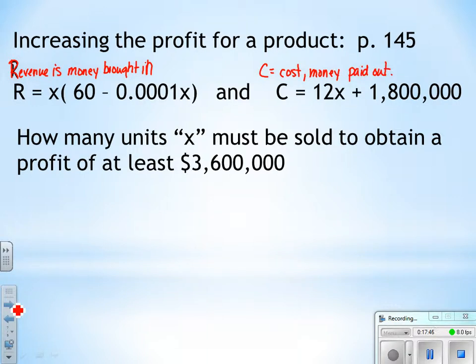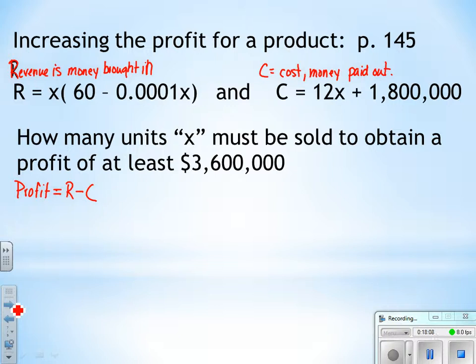Okay, profit then is when you have more revenue than you have costs. So profit is equal to the subtraction of those two. Okay, so keep that thought in mind as we're looking at this problem and trying to figure out how to set up an inequality that we can use and solve.